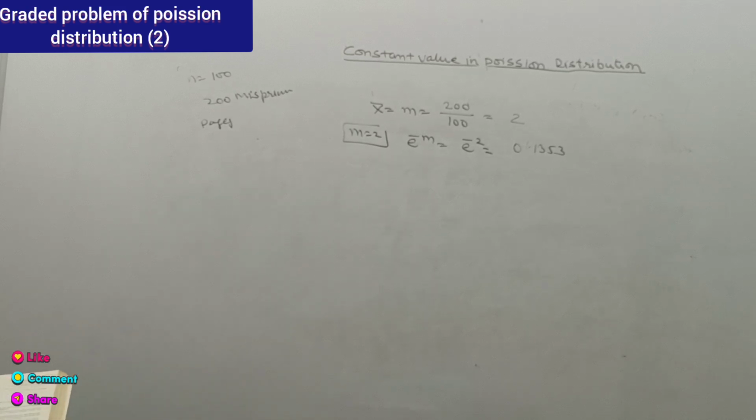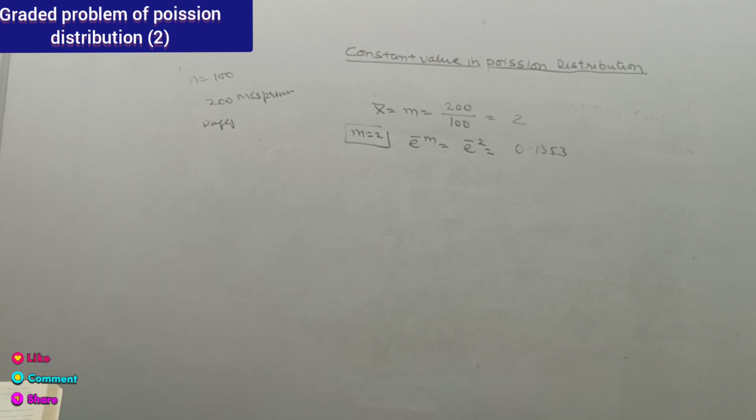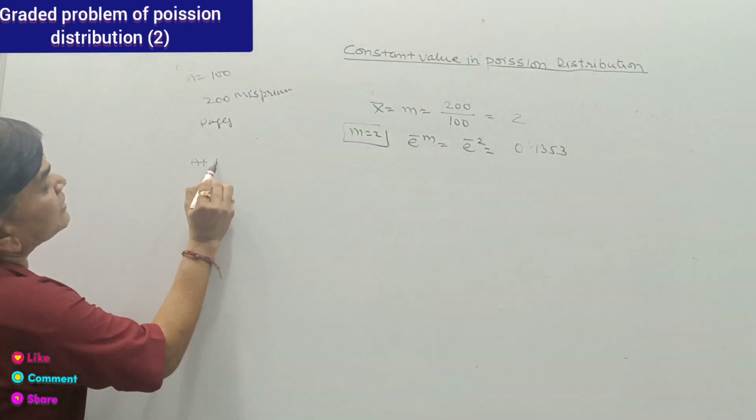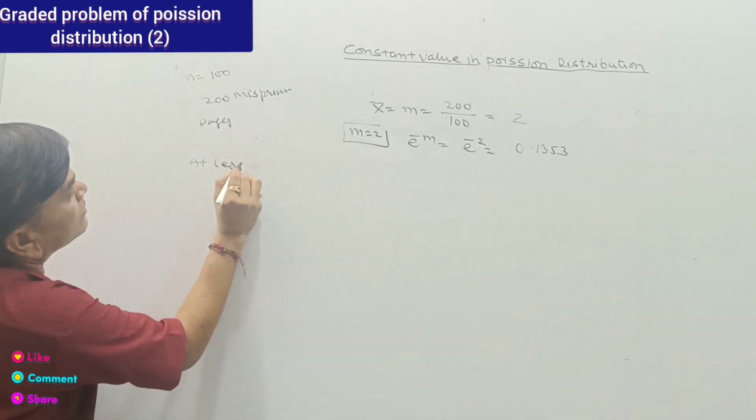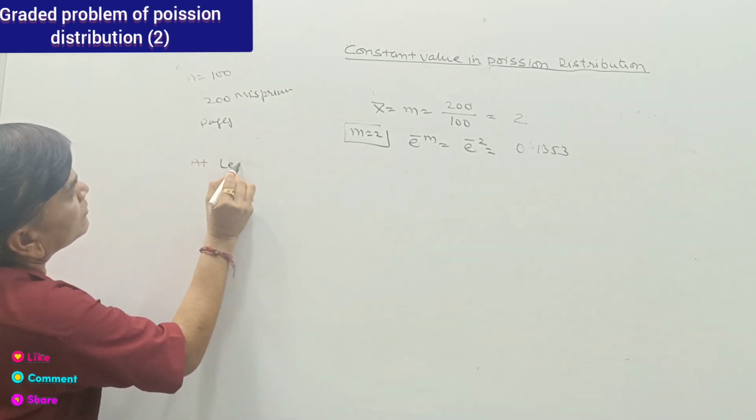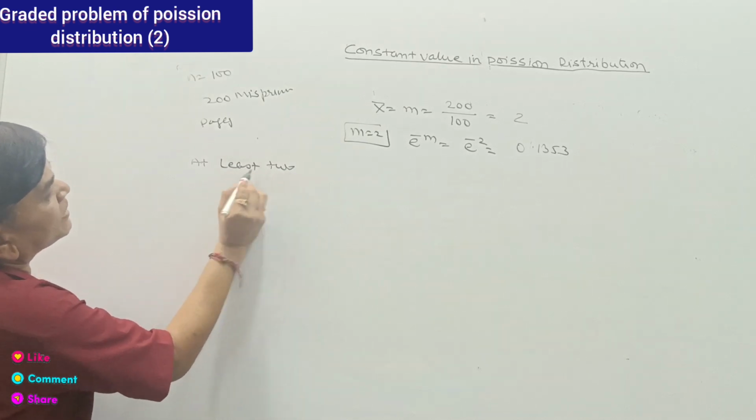A book contains 200 misprints distributed randomly throughout the 100 pages. Then what is the probability that the page observed at random contains at least 2 misprints? At least 2 misprints.